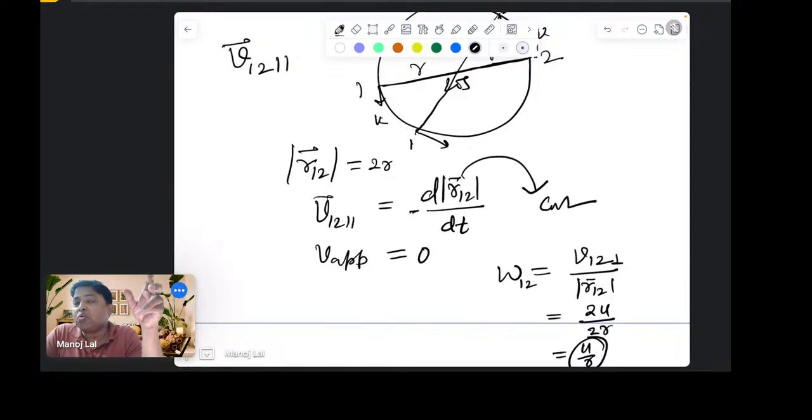Even in some cases when there is a relative acceleration between the two particles, solving the problem with the help of relative motion is a bit difficult, but with the help of velocity of approach it is quite easy. So you should understand the difference between velocity of approach and relative velocity and how and where to use them. That is important. I hope you got the idea. Thank you for watching.